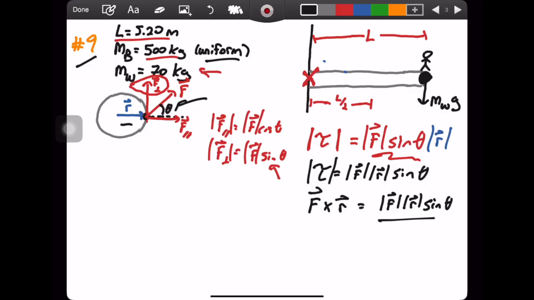And if you can imagine, this is some position vector, r, there absolutely is going to be a torque, and that rotation is going to be in a clockwise direction. So there's some clockwise torque that is caused by the weight of the worker being perpendicular to the position vector.